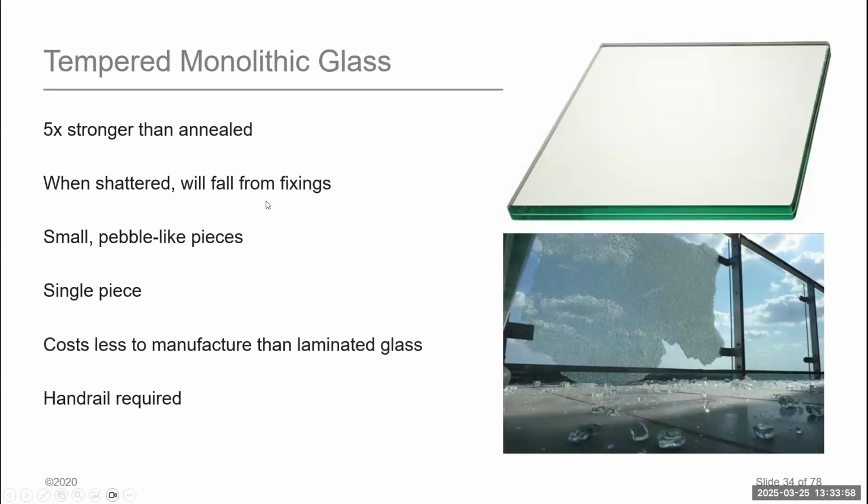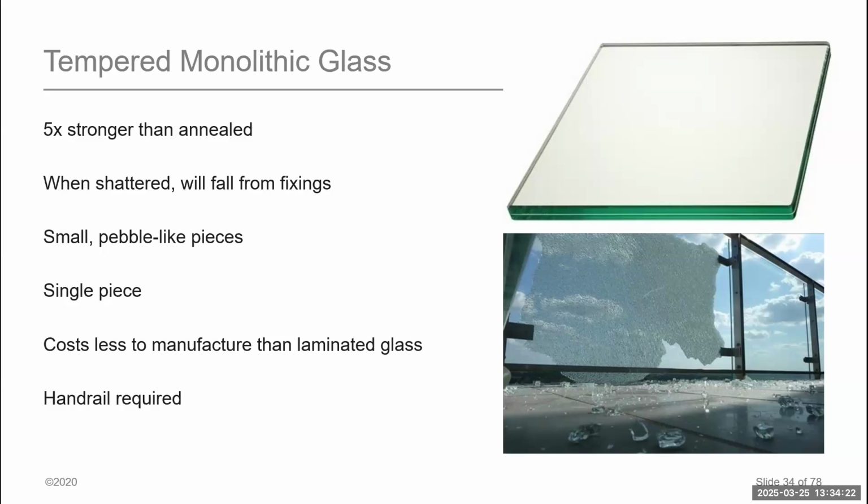Things to keep in mind: a piece of tempered glass is 5 times stronger than annealed. Another type of glass or strengthening process that you will see in the market, not so common, not as good as tempered, is heat strengthened glass, which is also acceptable by the codes that are out there today.